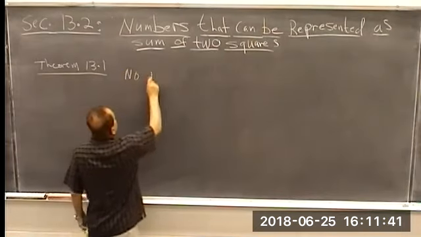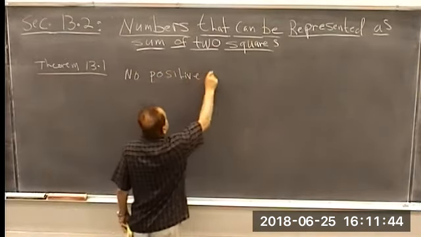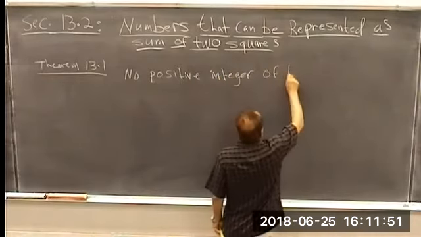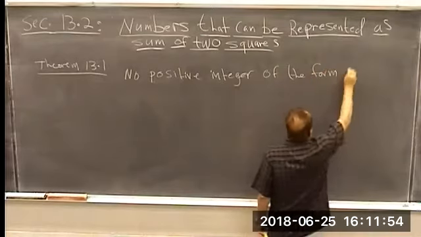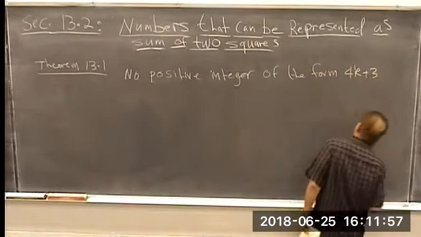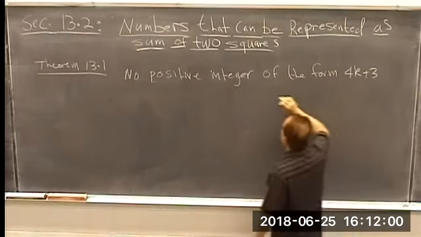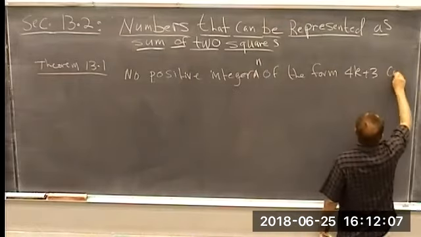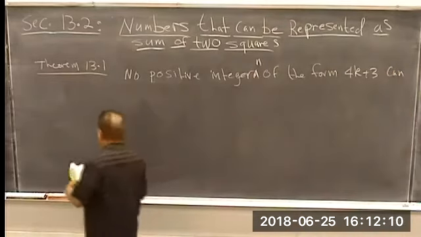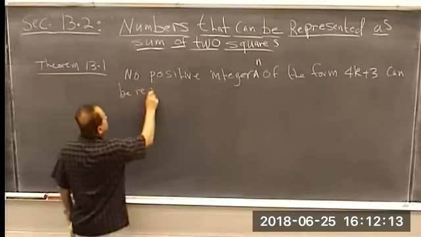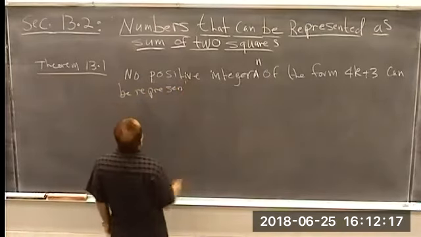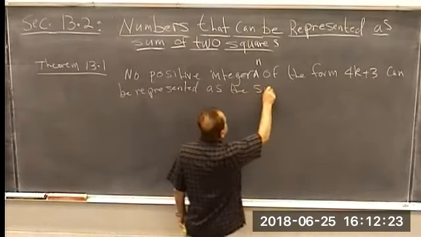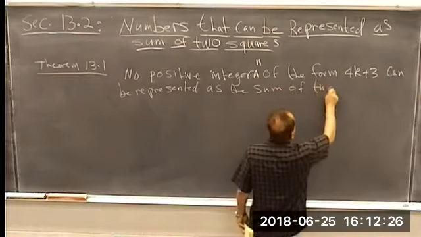Actually, no positive integer, not necessarily a prime, no integer, we call it n, of this form, 4k plus 3, or n is congruent to 3 mod 4, can be represented as a sum of two squares.